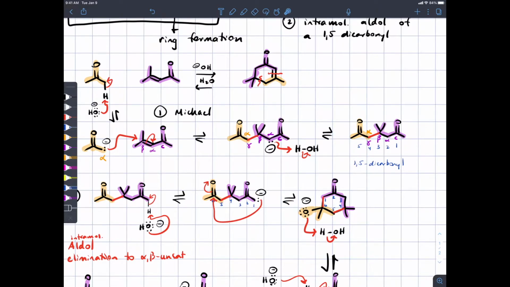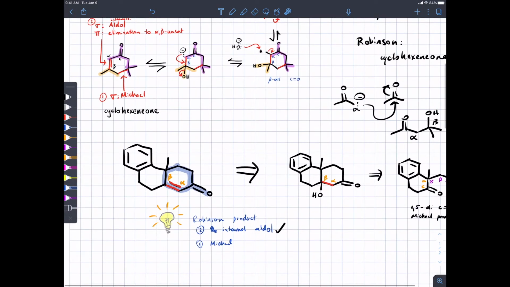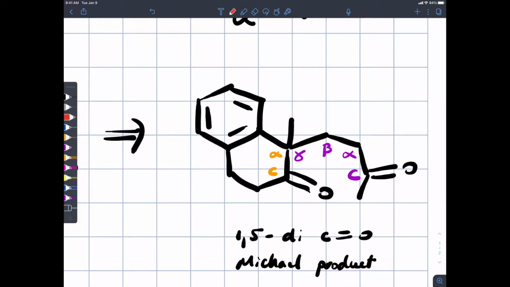And then we attack the beta carbon, the electrons move on to the alpha carbon where they're stabilized by resonance, and then they pick up a proton from water, and then you get your product with the new bond here between gamma and beta carbons. So back over here, that would mean this was the bond that we made, right?